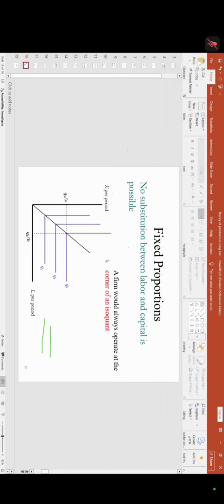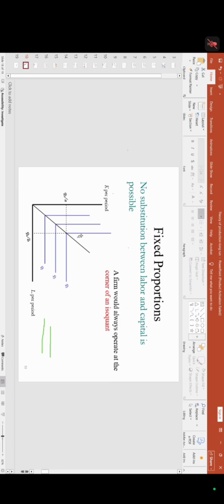So there's a constant rate. And with fixed proportions, they need both, but you cannot compromise or substitute. No substitution. No MRTS. Zero MRTS. Clear? There are such firms.